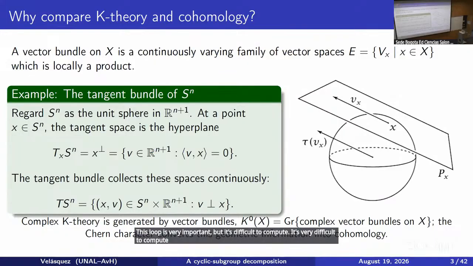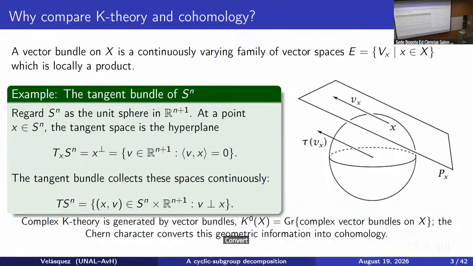Then the Chern character converts this geometric information, this group, into cohomology. The advantage is that cohomology can be computed in a combinatorial way. You can use the Mayer-Vietoris sequence or a cellular decomposition of the space to compute cohomology.